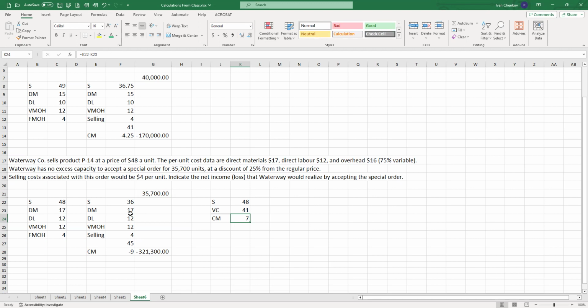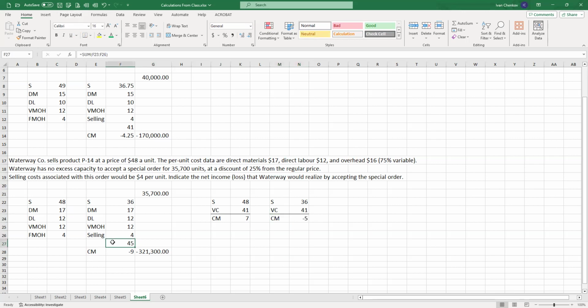Now I have to stop my regular sales and sell to this guy under this cost structure. How much is my contribution margin here? Sales is 36. My variable cost is still 41, right? So I'm losing contribution margin: 36 minus 41, I'm losing $5 on these.